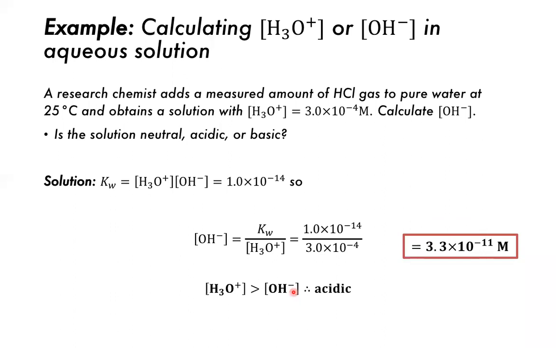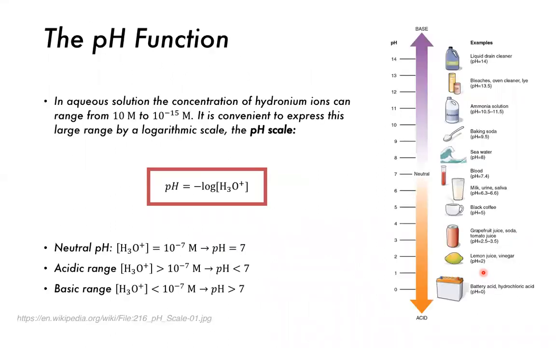As we can see, these numbers tend to be very small, so we generally need a good way of calculating these things. What we use is the pH function. The pH function in an aqueous solution is a way to compare different acidities or basicities on a uniform scale, in numbers which are easier for humans to deal with.